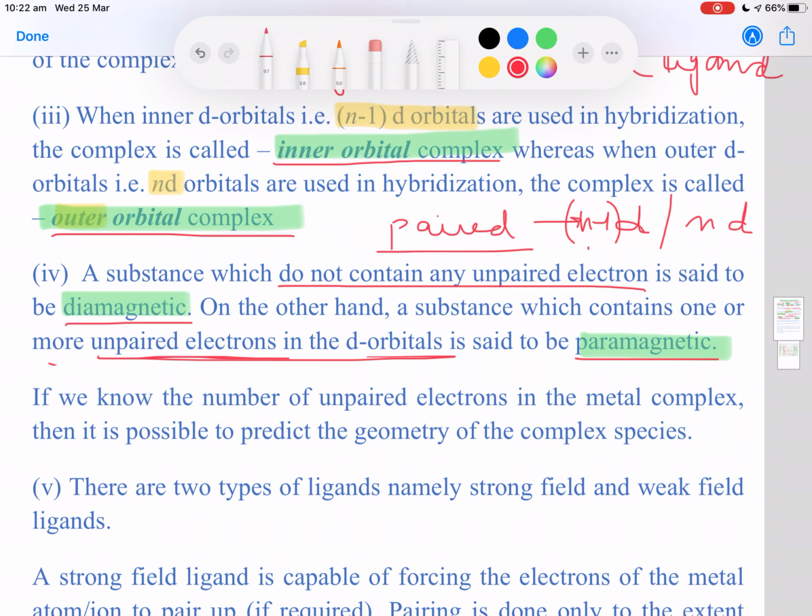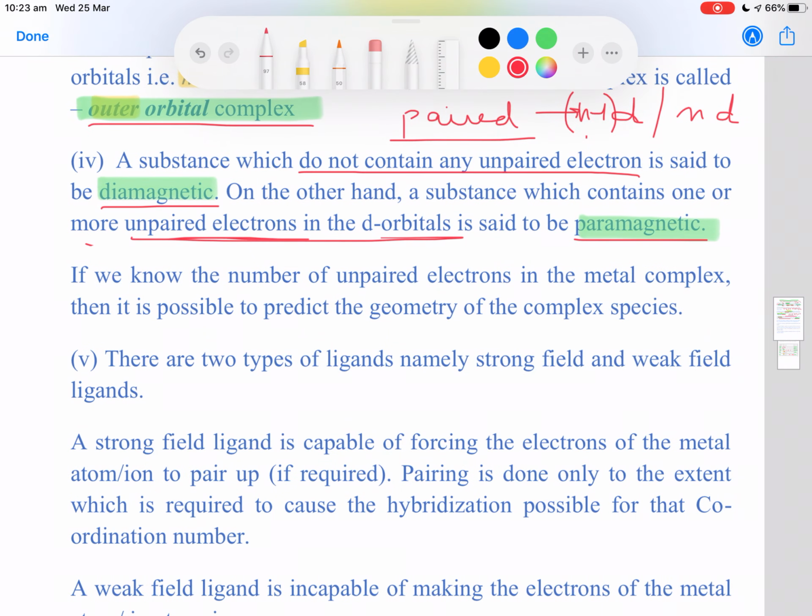paramagnetic in nature. So based on whether the electrons are paired or unpaired, it also decides the geometry and the hybridization. But how do we decide whether the electrons will be paired or unpaired in these d orbitals? It is due to the influence of ligands. Very important point, okay?